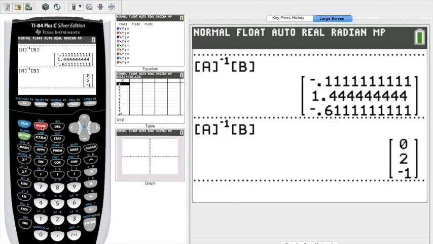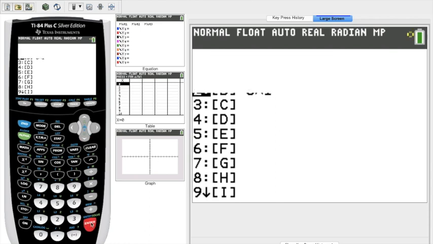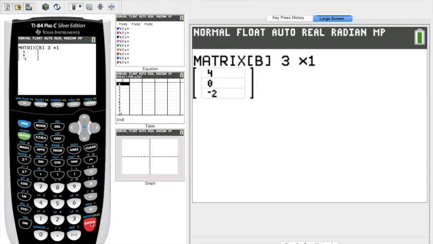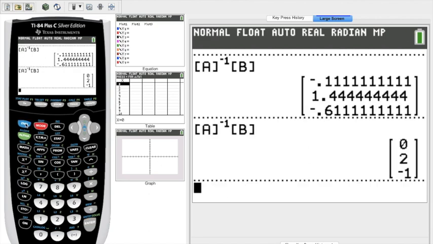Second mode to get out of there, second matrix to get back, and then edit, and then let's do the second matrix here, and that was 83, 17, and 0. Okay, and then second mode.